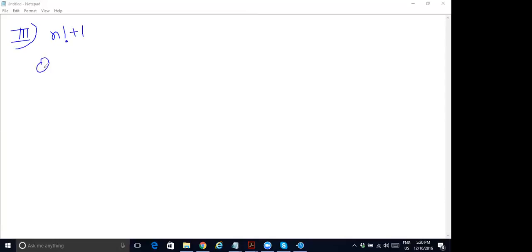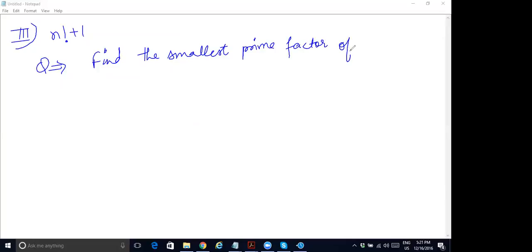Let's say the question is, we need to find the smallest prime factor of 50 factorial plus 1.